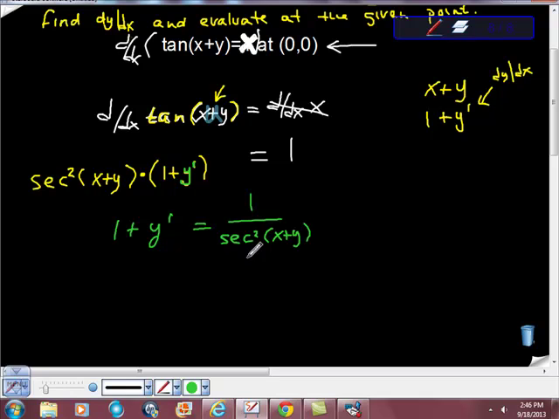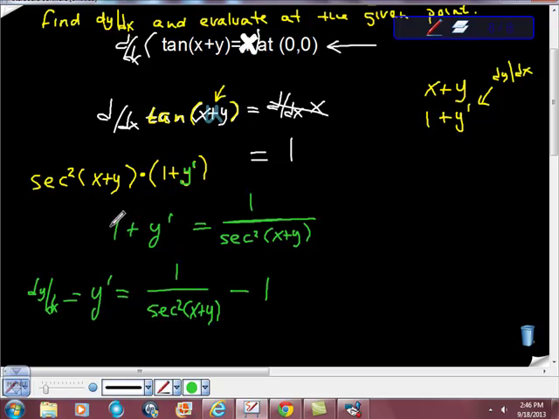I'm going to do just a little bit more math here. I'm going to subtract 1 from both sides, so dy/dx, the same as y prime, is equal to 1 over secant squared of x plus y, minus 1. This minus 1 came because I subtracted 1 from both sides to get rid of this.